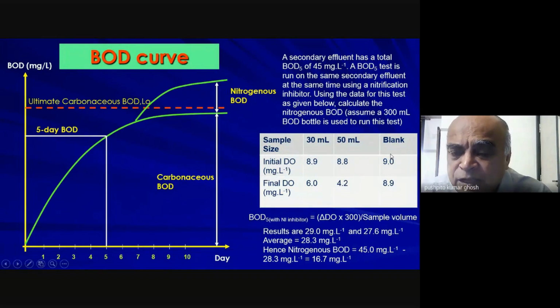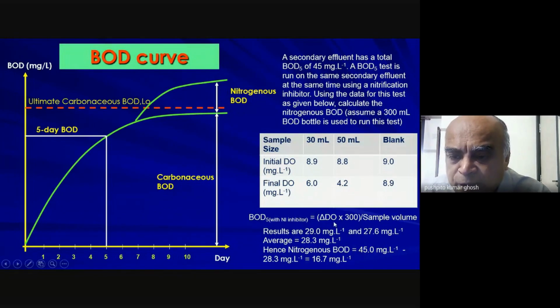Now, if you run a blank, meaning there is no chemical, you can see more or less it's remaining constant. So you know that whatever you're doing is reliable. So the BOD5 with the nitrification inhibitor will be equal to delta dissolved oxygen, which is 8.9 minus 6.0 here, and 8.8 minus 4.2 here, and then the denominator will be sample volume divided by 300, because that's my total volume.